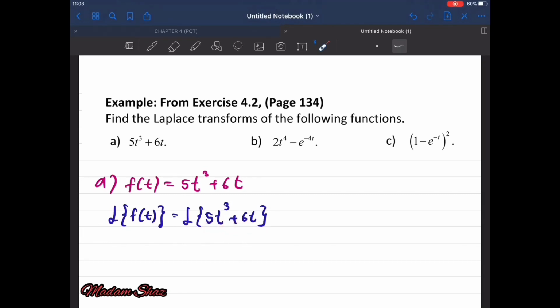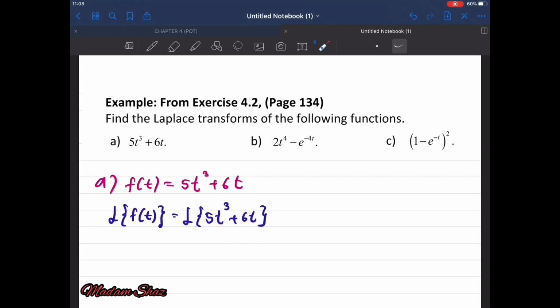Now we want to apply the linearity property. How could we know that you have to apply the linearity? Because you have one function plus another function here. You have the plus operation here. So you should know that if you have a plus or minus operation, you have to apply the linearity property.